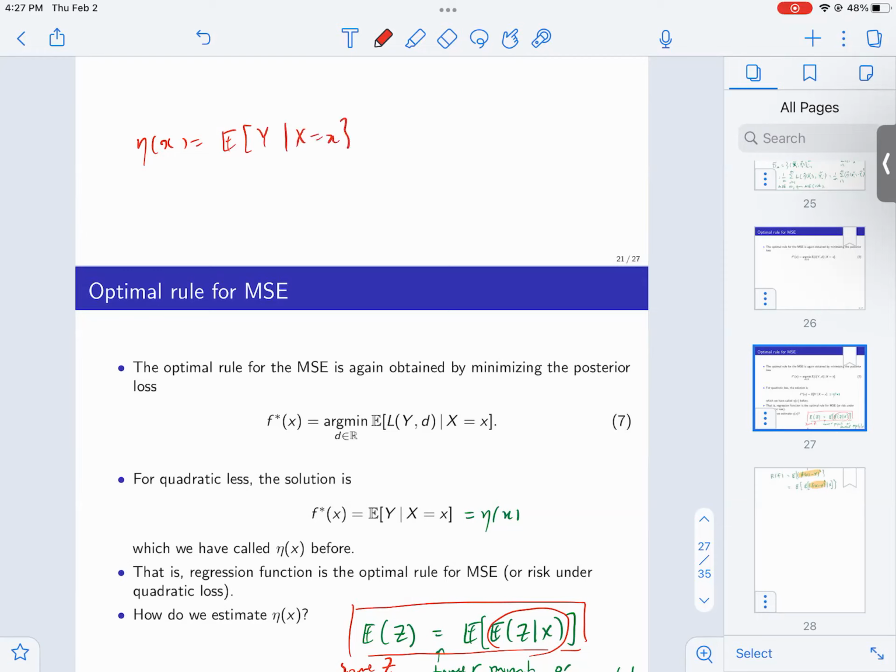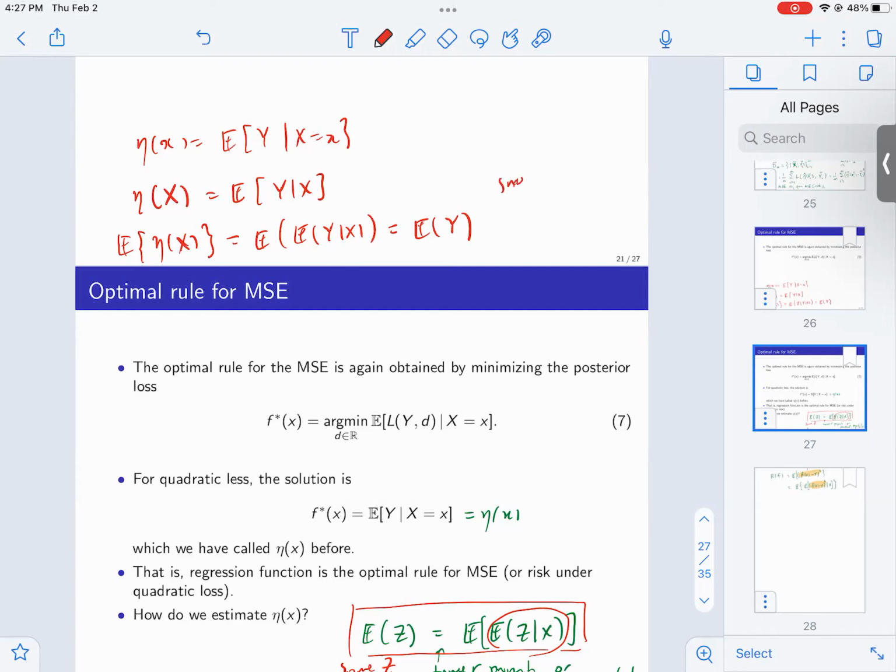So eta of a random x from the distribution would be like just this. And if I take the expectation of eta of x, this is saying the expectation of the regression function at the generic x would be the same as the expectation of y given x. This turns out to be the expectation of y. So the expectation of your regression function at the generic x is the same as the expectation of y. This is a very well-known property of conditional expectation.